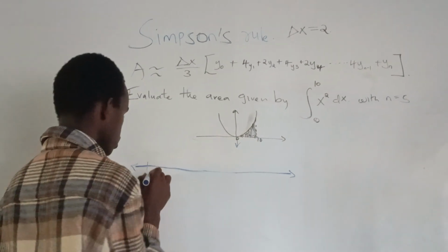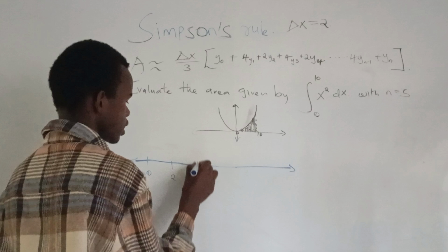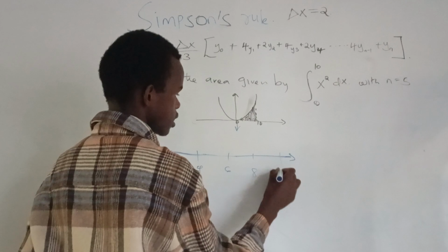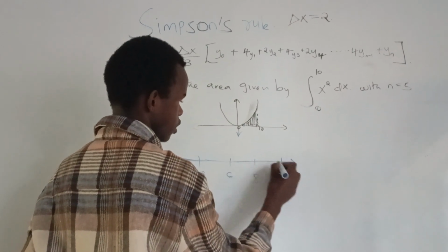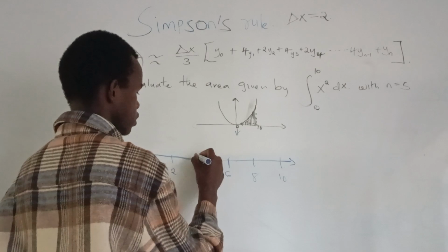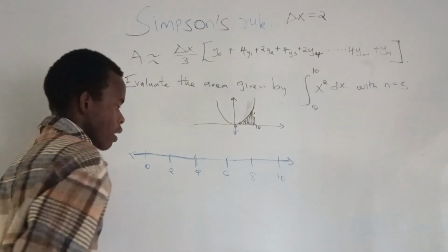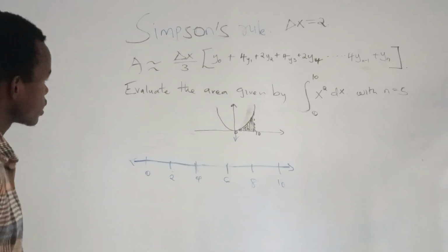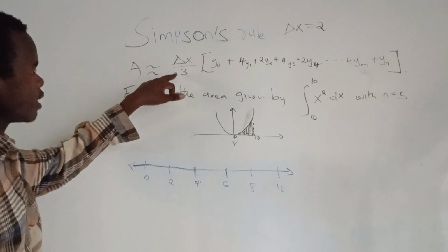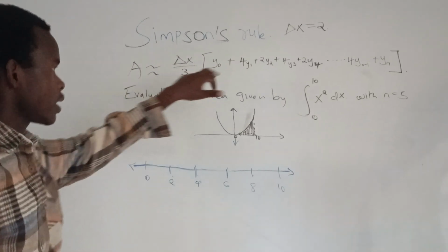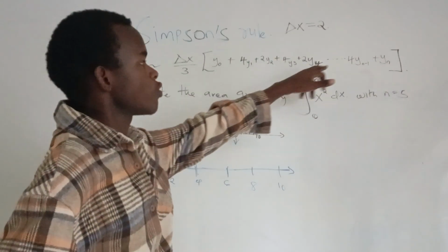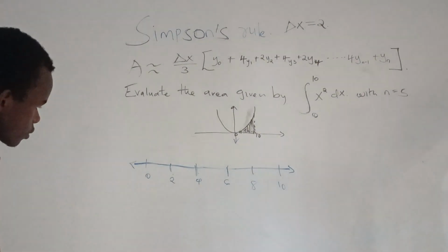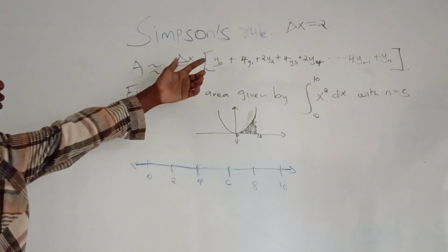So it's from 0, then the interval is to 2, then to 4, then to 6, then to 8, then to 10. It's simple. Simpson's rule is just the same as the trapezoidal rule. The change is divided by 3 and alternating 4, 2, 4, 2, and so on. That's just the difference, but everything else is similar.